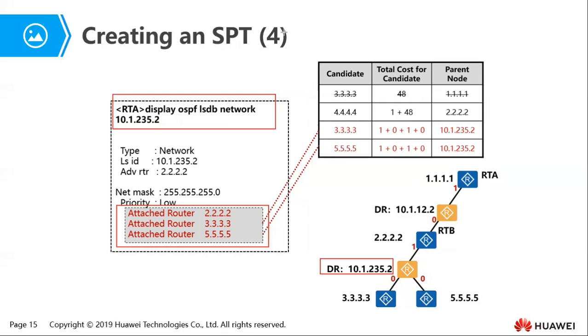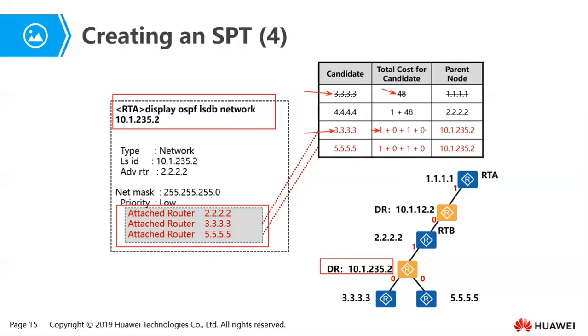Now, when we include 3.3.3.3 in the candidate list, the candidate list is going to realize that we have 3.3.3.3 again. So it's going to compare the cost of that 3.3.3.3 and this one. The cost of this one is going to be 1 plus 0 plus 1 plus 0, because this is a DR. Anything attached directly to the DR is 0.